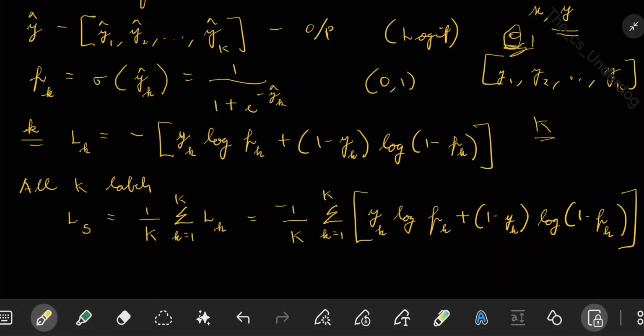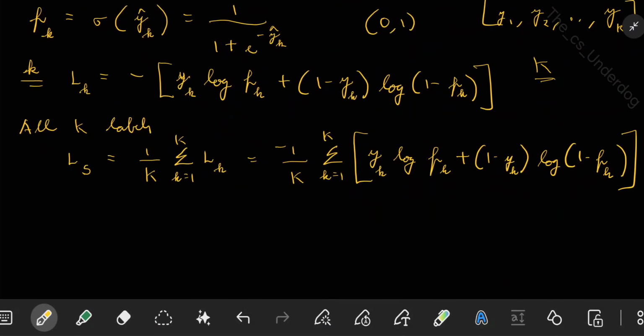One more point. Generally, when you are training a neural network, or training any model, you will have a lot of samples. You won't train it with just a single sample. This one sample, this is the loss function. You will generally have n different input samples. So using all these n input samples, you are going to train your model.